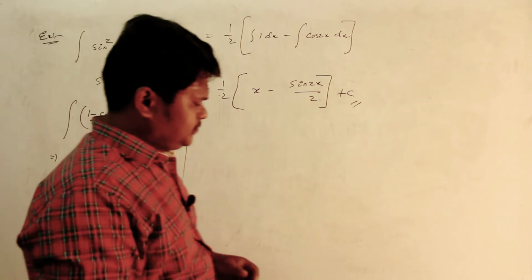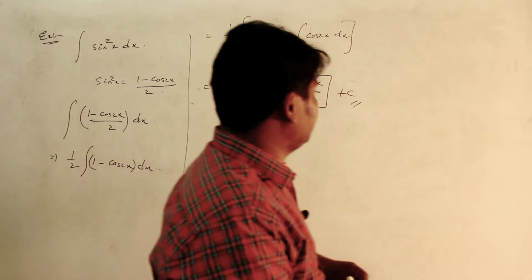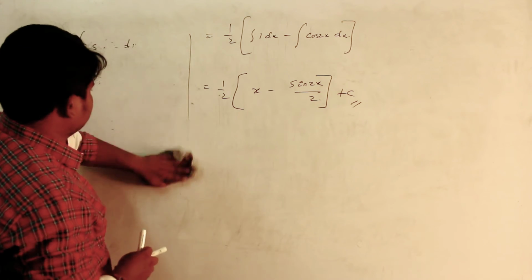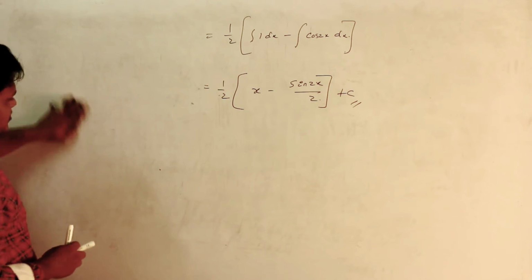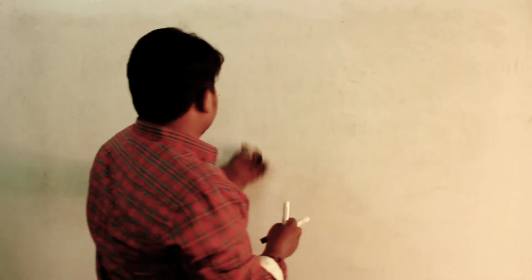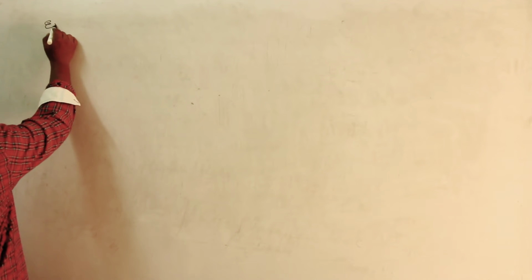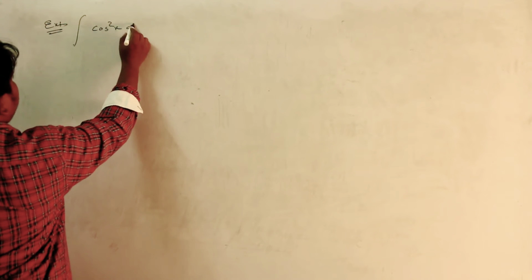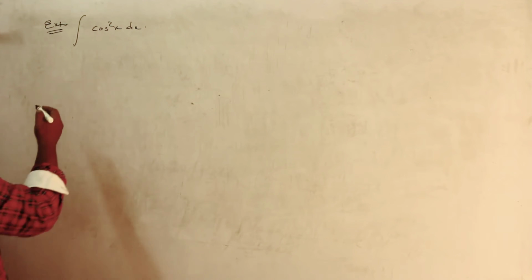So let us see one more problem on this type of trigonometric relations. For example, if a question is given: integration of cos square x dx, then let us see how we can do this one.